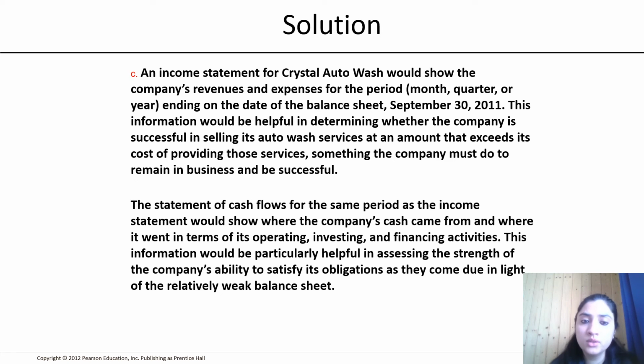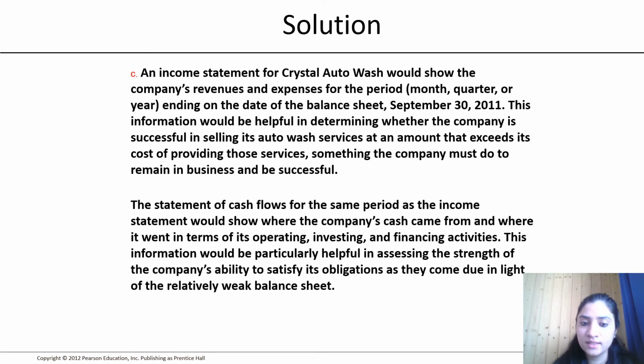So what can the income statement and cash flow statement explain about the financial position of the company? The income statement for Crystal Auto Wash would show the company's revenues and its expenses over a period of time. This information will tell us whether the company is gaining or losing. If their expenses are more than the sales, then they are facing a loss. But if the expenses are less than the revenues, then the company is successful and is making some business.